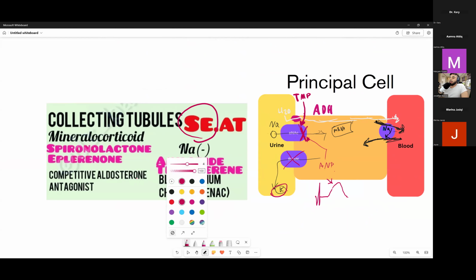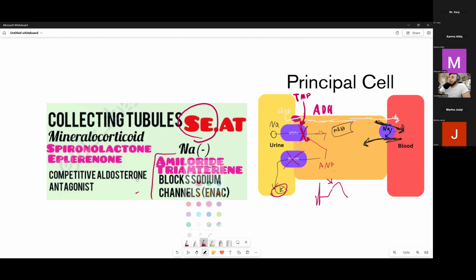Now, amiloride and triamterene also give the same results, but the way they do this is different. The inhibition of ENaC and ROMK is achieved differently. Here you're looking at amiloride.